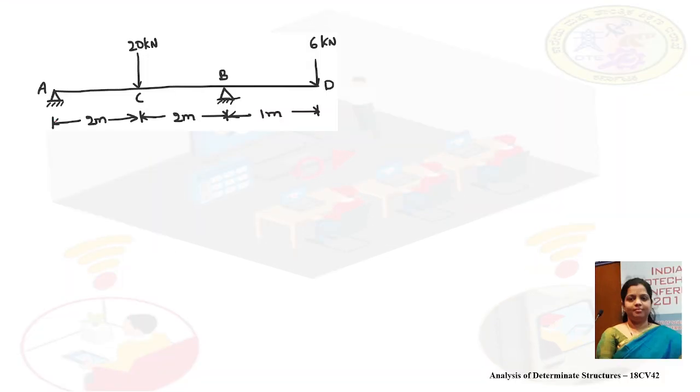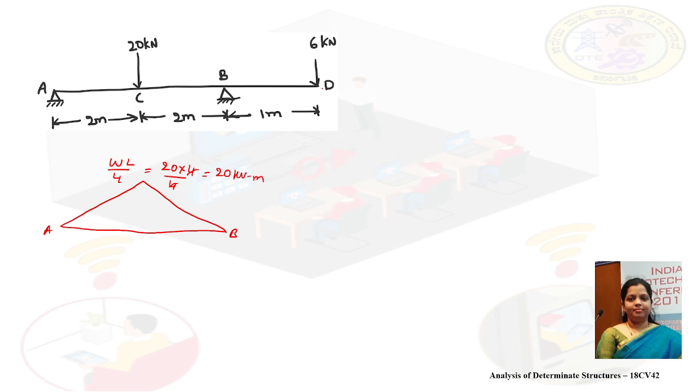Now this is the overhanging beam. First let us try to draw the bending moment diagram. First let us take the 20 kilonewton. So considering this portion AB, this works out to be WL by 4, that is 20 into 4 by 4, it is 20 kilonewton meter.